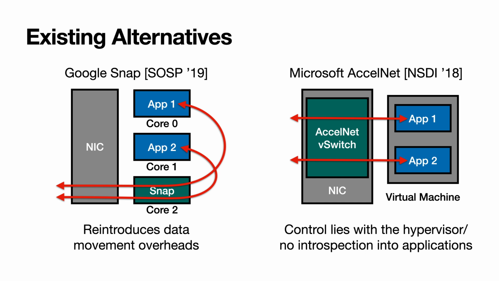Many of the policies we want to implement actually require visibility into applications. Like in the example I gave, where we want to prioritize traffic from one application over another, we need to know which application the traffic is coming from. Or if we want to know which sockets are open, we also need to have access to the kernel's data structure with the open sockets.